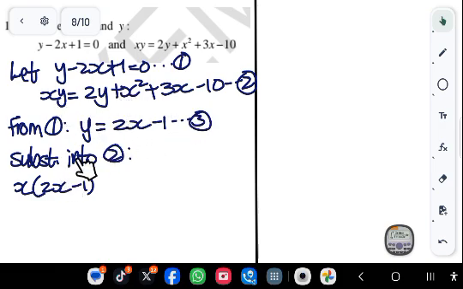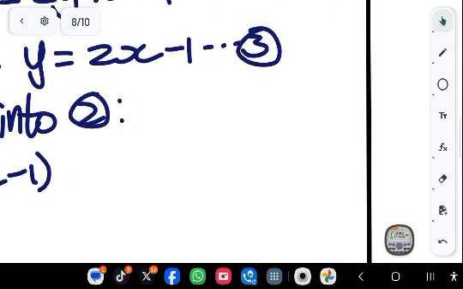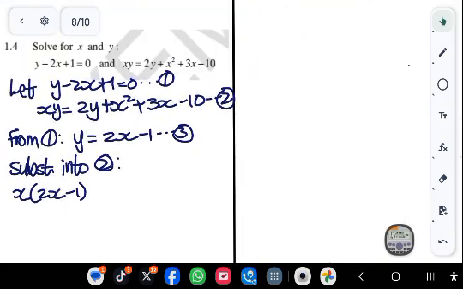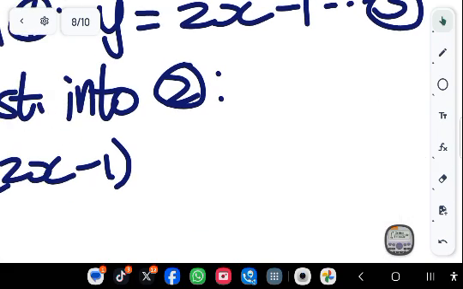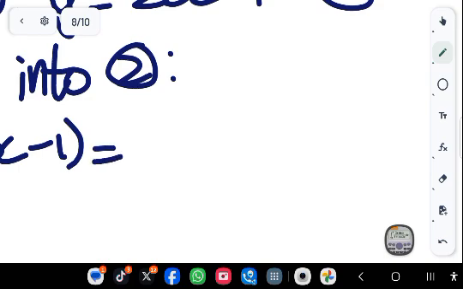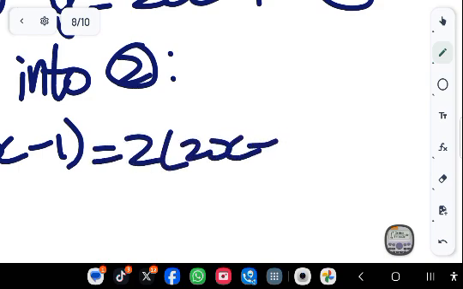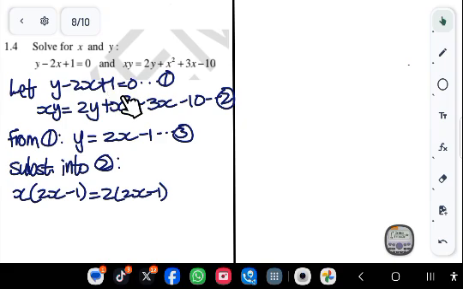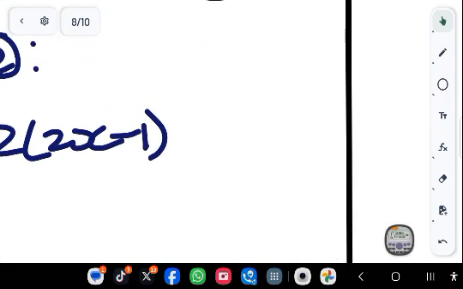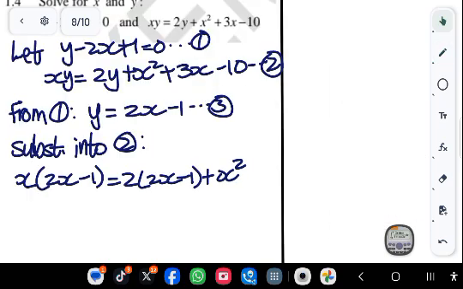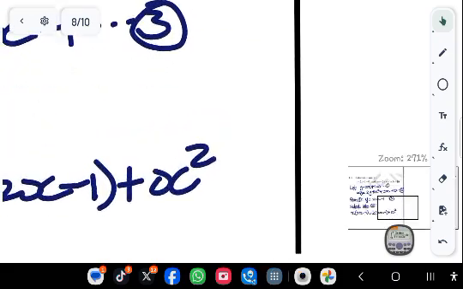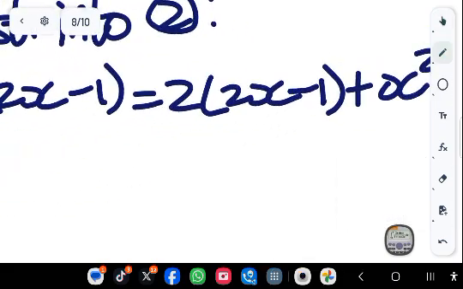Y, 2x minus 1. Okay, 2x minus 1 equals 2x minus 1 plus x squared plus 3x minus 10.